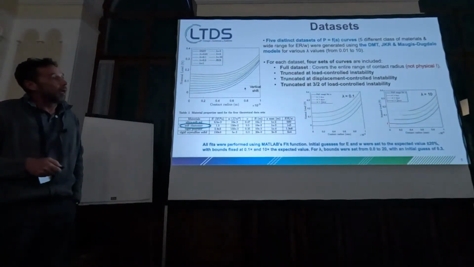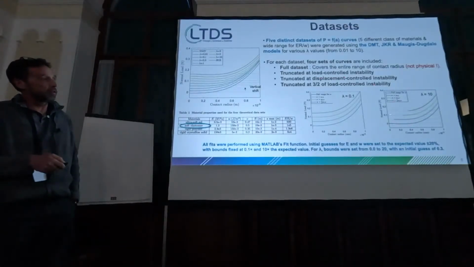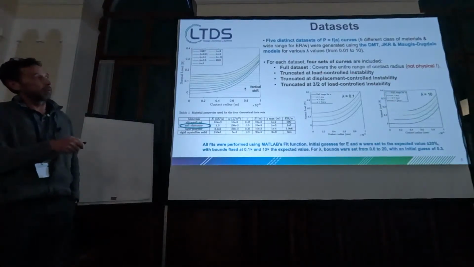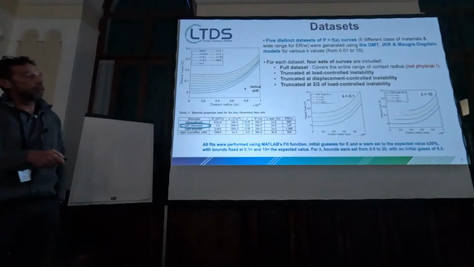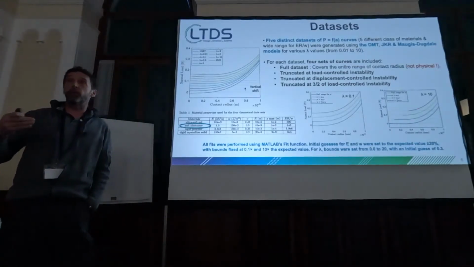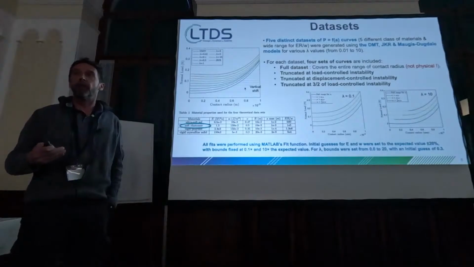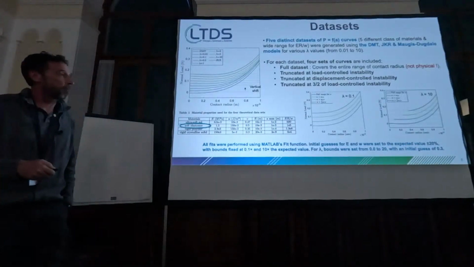So we do a complete data set and a truncation at the load control instability, a truncation at the displacement control instability, and one a little bit further just to mimic experiment, in which you were not able to go down to the stability, which is easy for a model, but quite difficult for experimentalists.